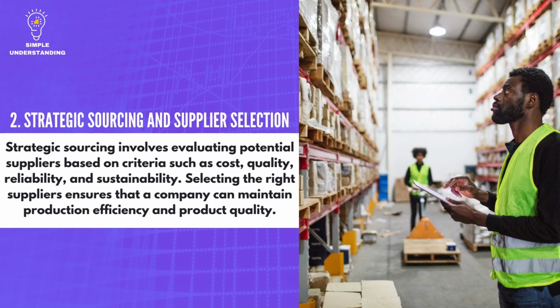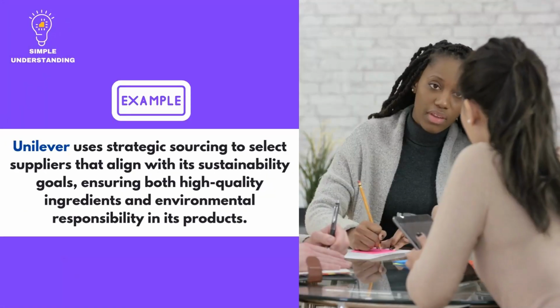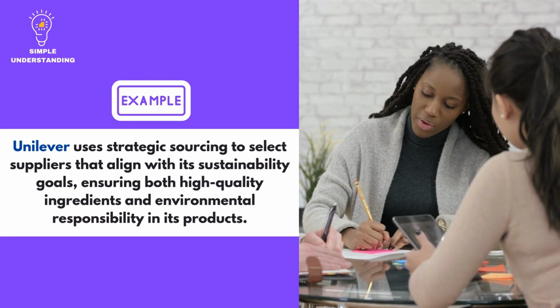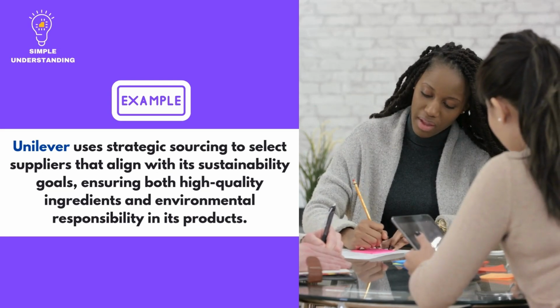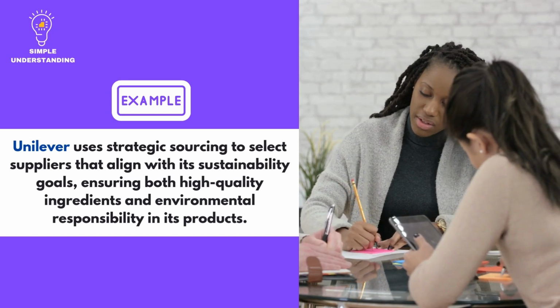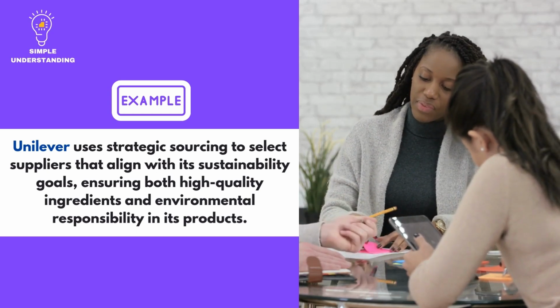Explanation. Strategic sourcing involves evaluating potential suppliers based on criteria such as cost, quality, reliability, and sustainability. Selecting the right suppliers ensures that a company can maintain production efficiency and product quality. Real company example. Unilever uses strategic sourcing to select suppliers that align with its sustainability goals, ensuring both high-quality ingredients and environmental responsibility in its products.